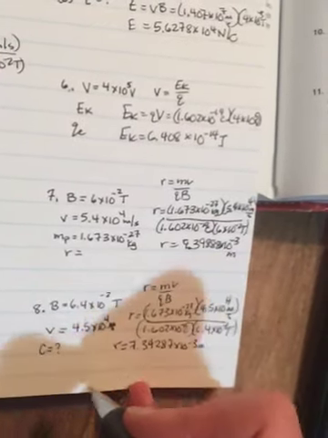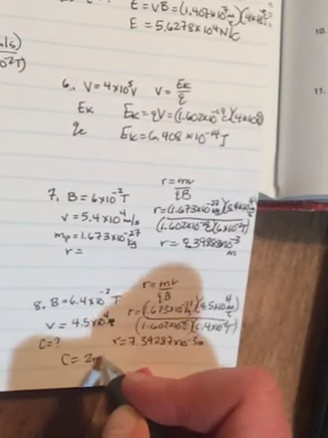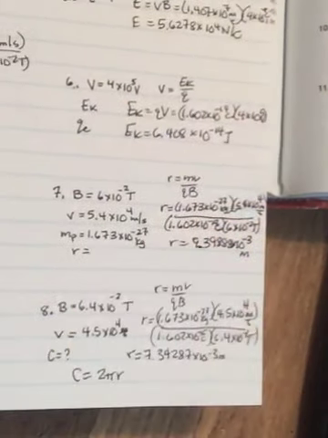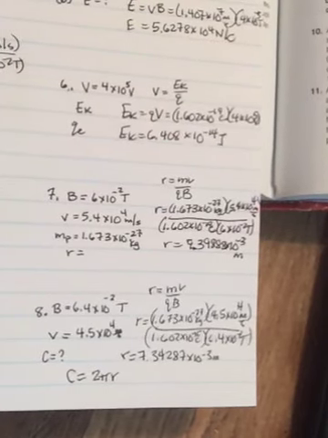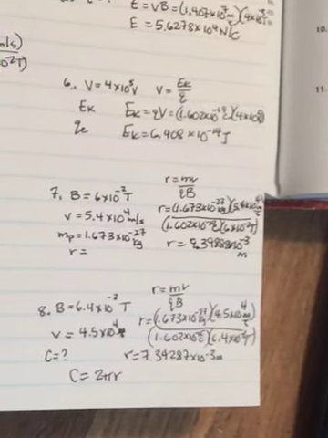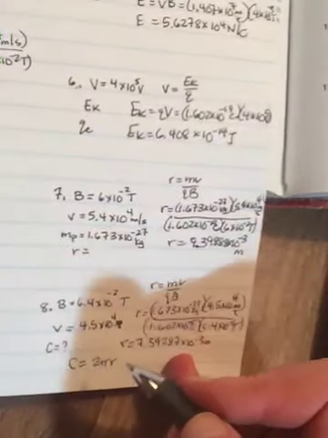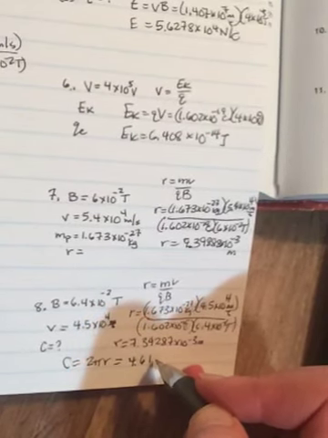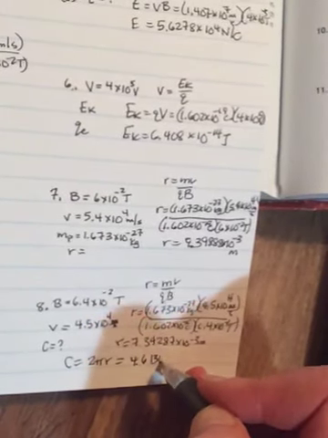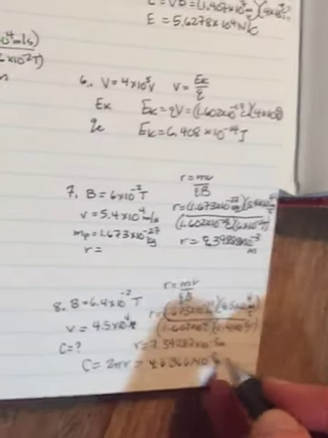But that's not what the question asked. The question wanted circumference, which I'm hoping you know is 2 pi r, not r squared. So take the number you have, multiply it by 2, multiply it by pi, and you should get 4.61366 times 10 to the negative 2 meters.